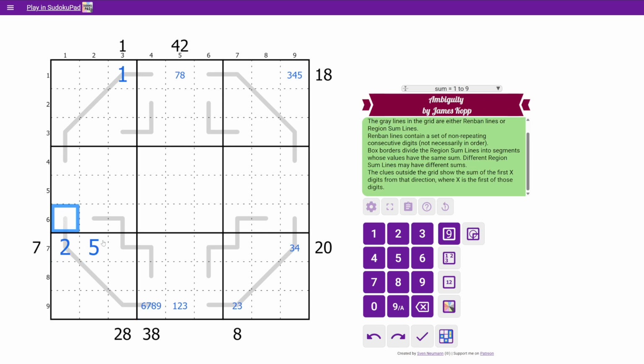So how do I disprove 5? 5 would have to go there. But that seems okay as well. Don't see why that wouldn't be. I don't see why that would be an issue. 5. How do I get 6 out of here?